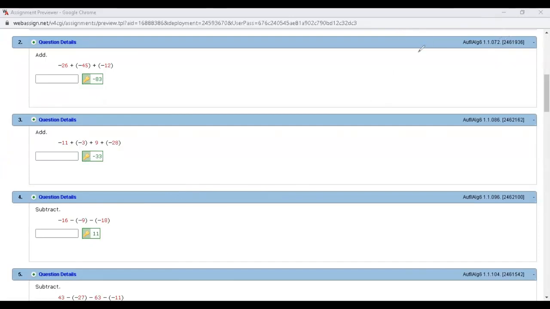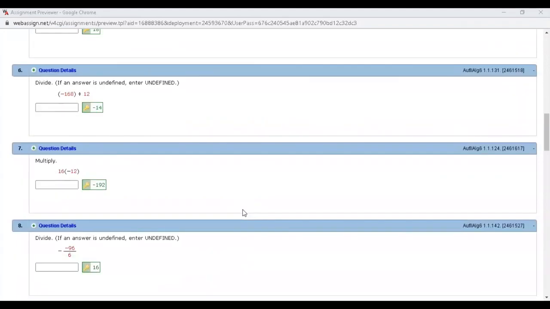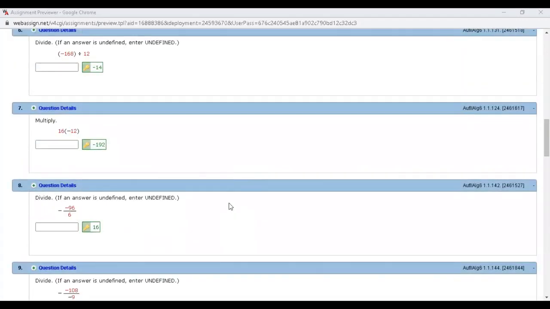Let's keep on moving forward. For number 6 through 10, here we have where we are multiplying and dividing. Once again, these are some things that you can put in your calculator. Some of the most important things that I want you to remember is that when you're working with these integers, pay attention to the negative sign.